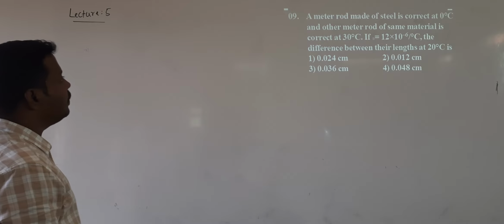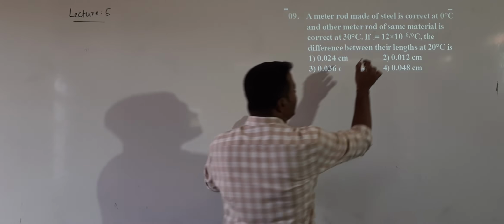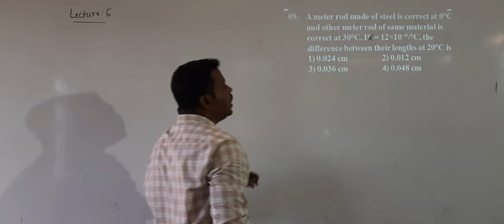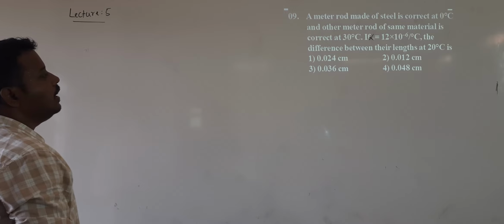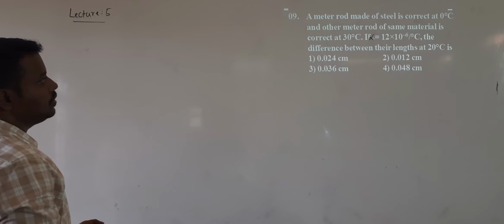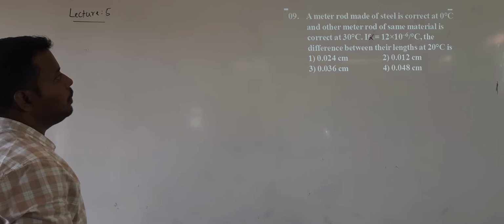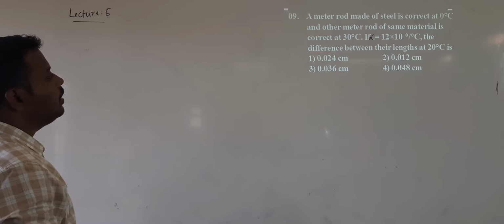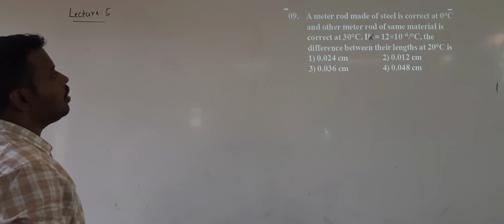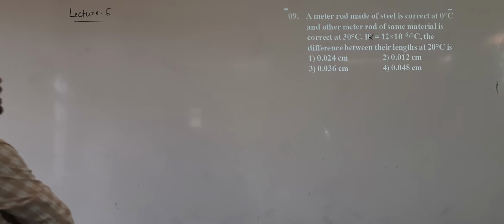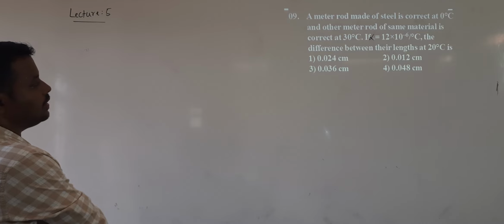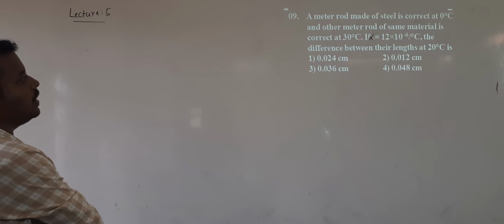If alpha is 12 into 10 power of minus 6, then what is the difference between the lengths at 20 degrees Celsius? A meter rod made up of steel corrected at 0 degrees, another meter rod of same material corrected at 30 degrees. Alpha for the steel is given.